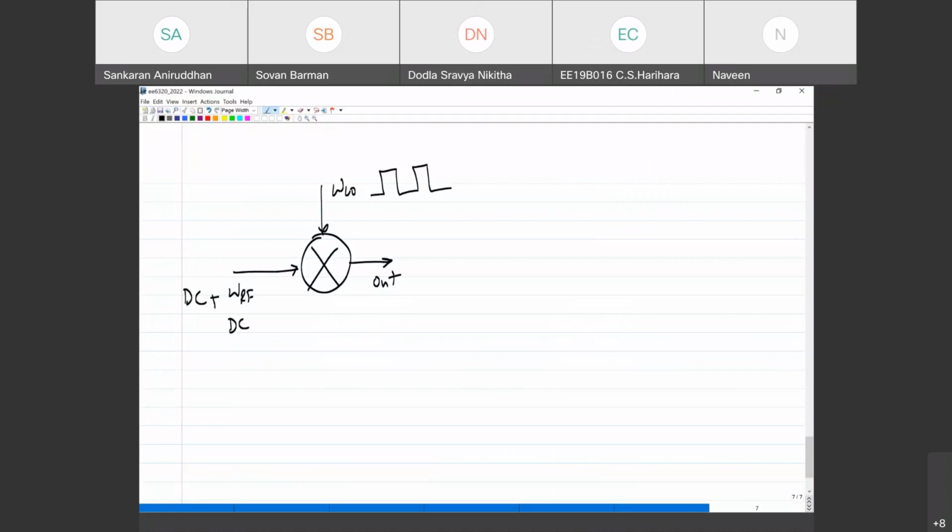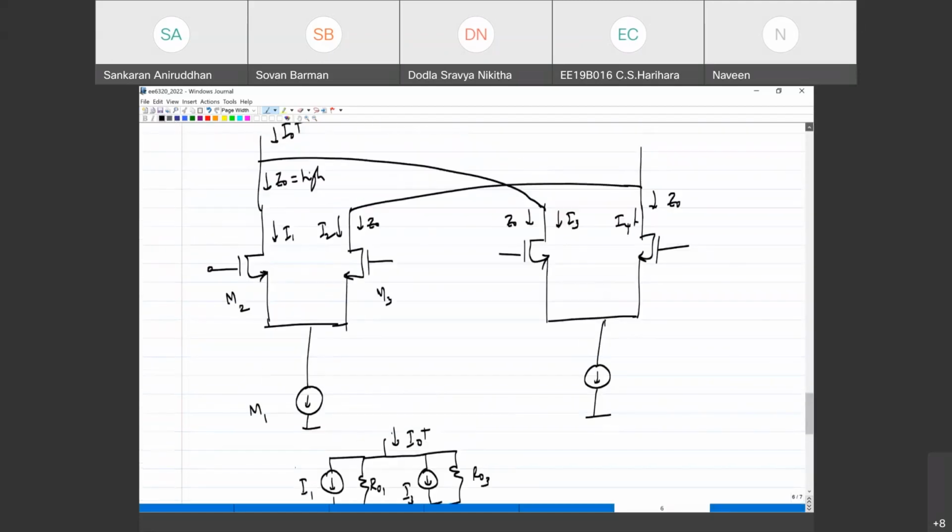Normally I would give DC plus omega RF. I'm giving only IDC here. What will I get at the outputs?